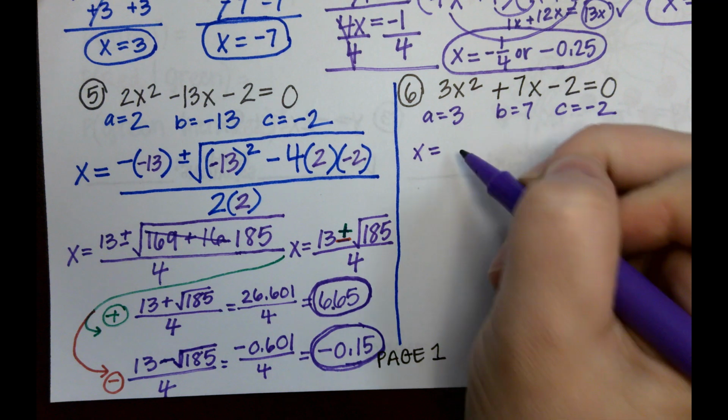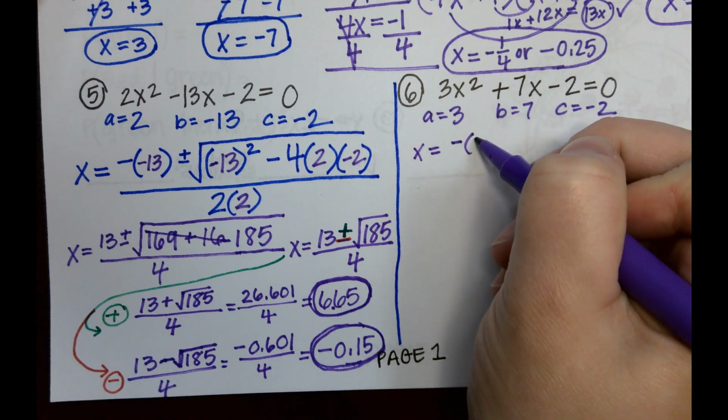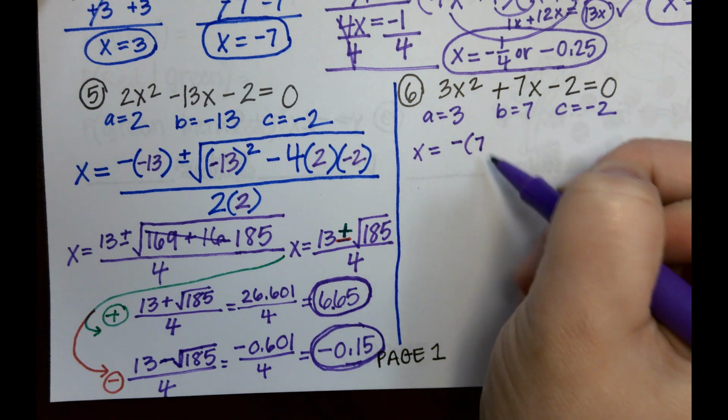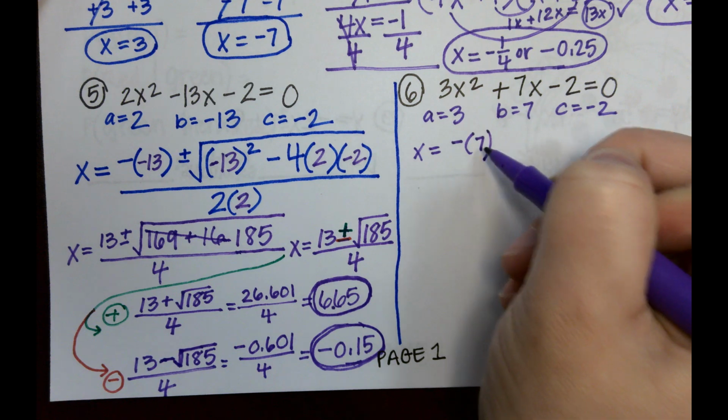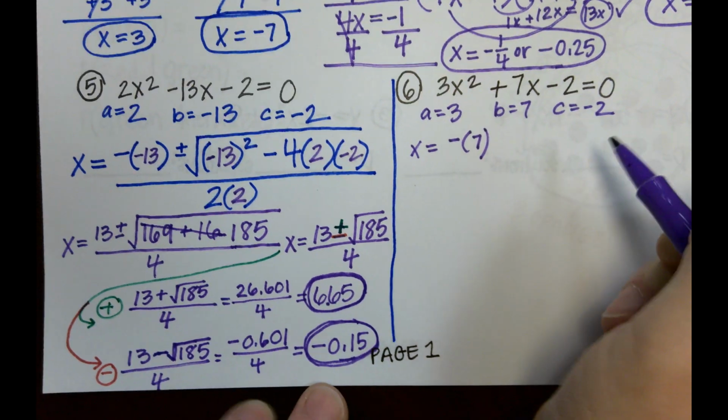X equals negative what? 7. Negative B. We're putting our B in that first spot.